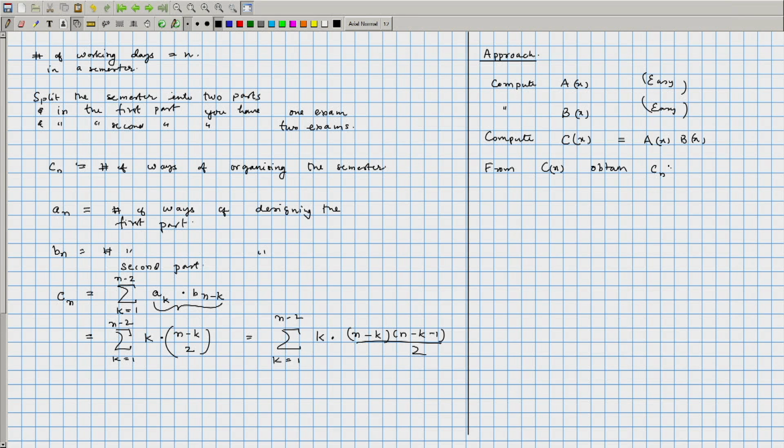Because Cn is a convolution of An and Bn, we can just compute the generating function of Cn by just taking the product of Ax and Bx, okay.